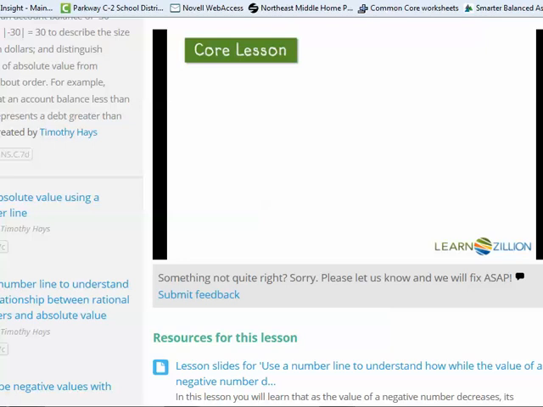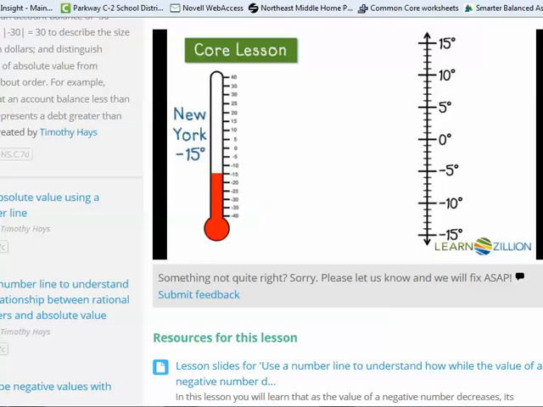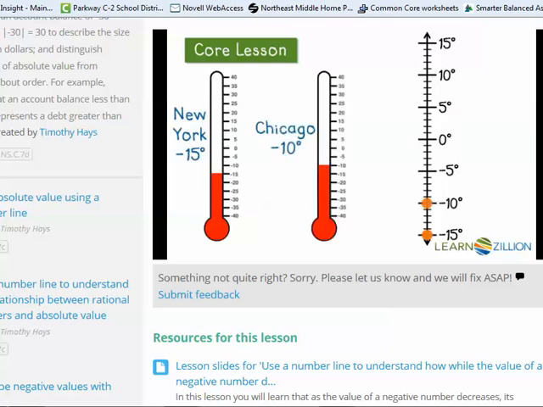At the beginning of the lesson, I asked if New York was -15 degrees and Chicago was -10 degrees, which city was colder? Let's use the number line and absolute value to help us solve this. When we look at -15 degrees and -10 degrees on the number line, it appears that -15 degrees is smaller than -10 degrees.